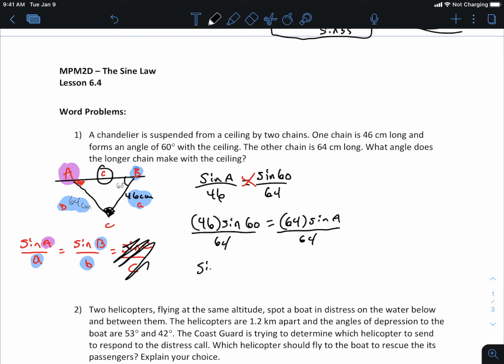And we get sine of A is equal to 46 sine of 60 over 64. I promise I'll show you guys how to use a calculator today, okay? I can't do it in the videos, it messes it up. Where's 60 degrees on your trig table, and then you go over and read sine. You should get 0.7193 divided by 64.